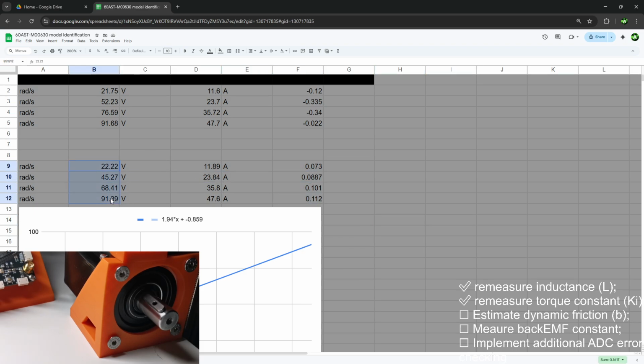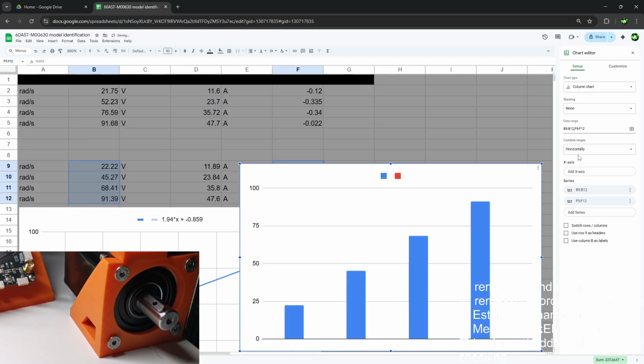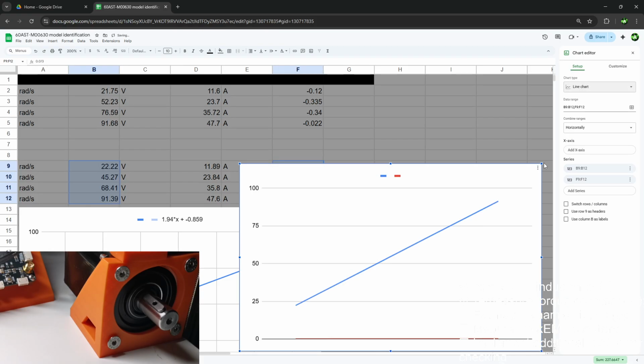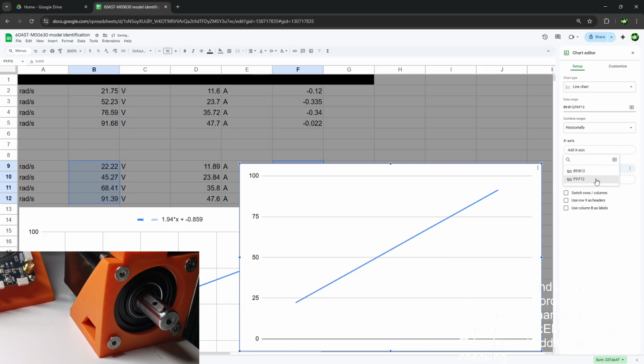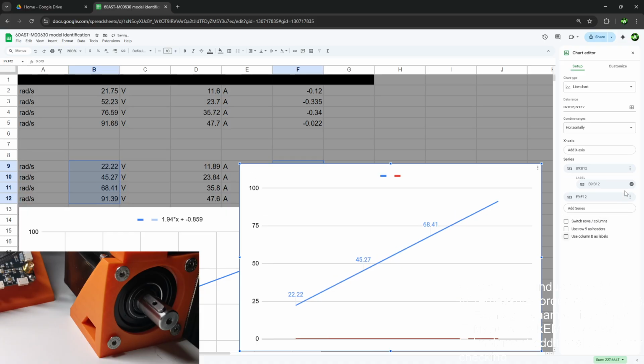Current over speed. Insert. The plot should be a line. With this line being our main line and this line being our... Oh, what have I done.